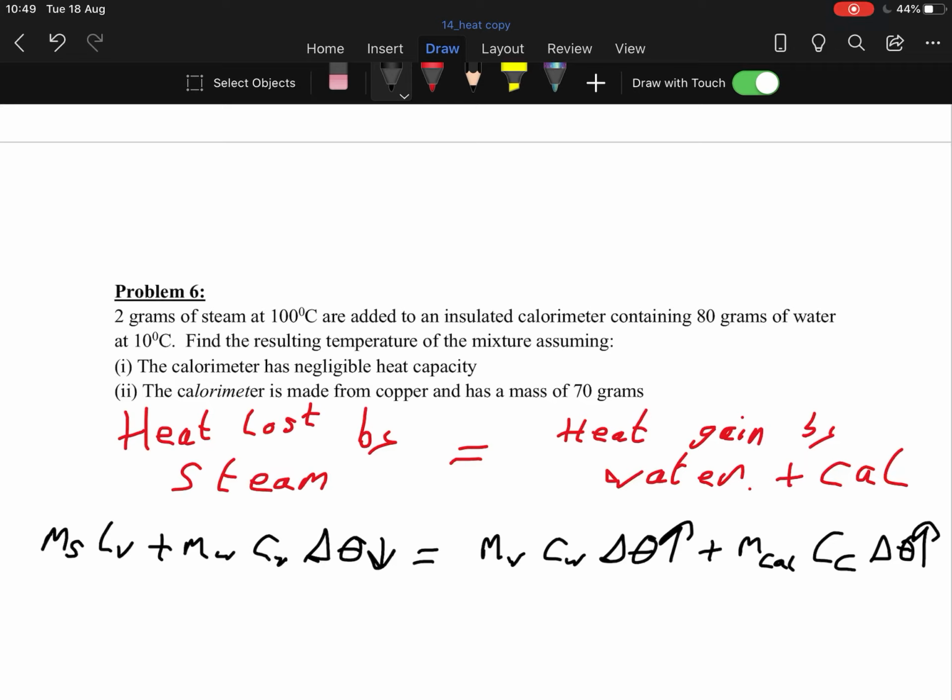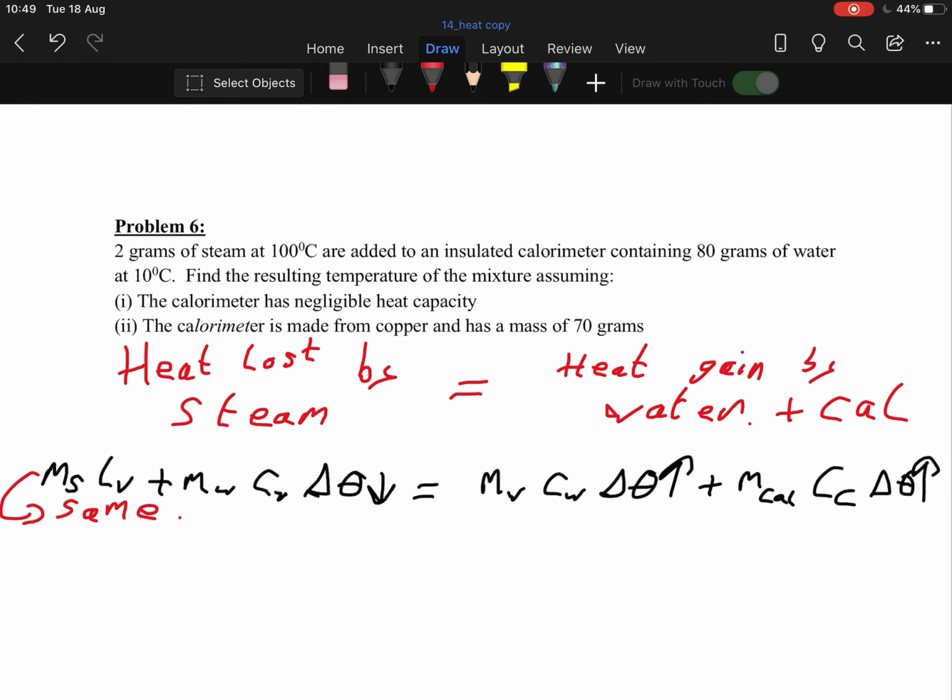Actually, you know what? I'm going to skip a bit, because this is the same as above. I'm just going to skip a step here and give it to us as it was. I'm going to leave the left hand side for the time being, and focus on the right hand side, because the left hand side was the exact same.